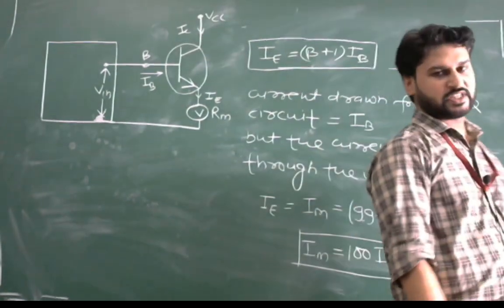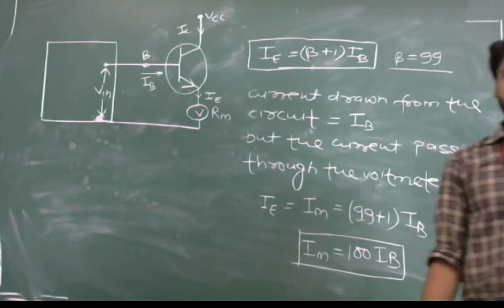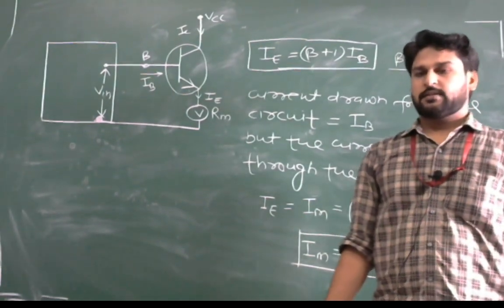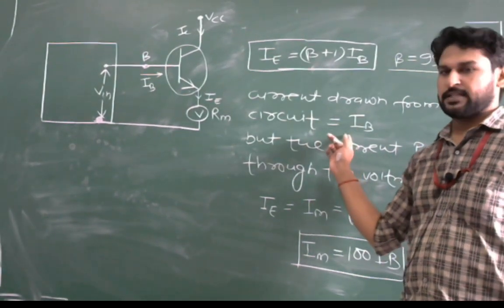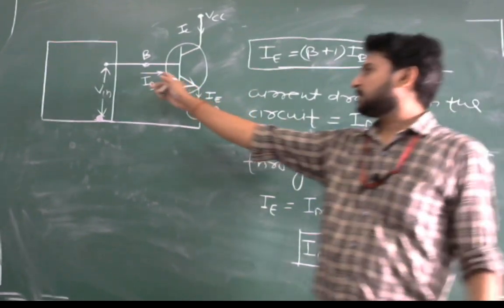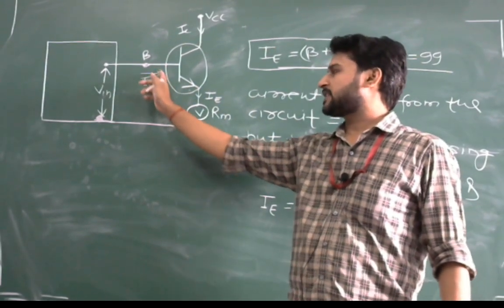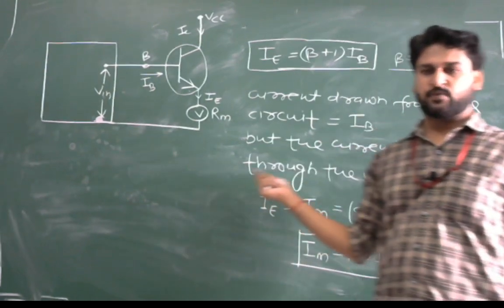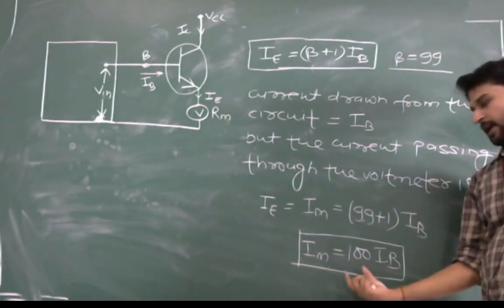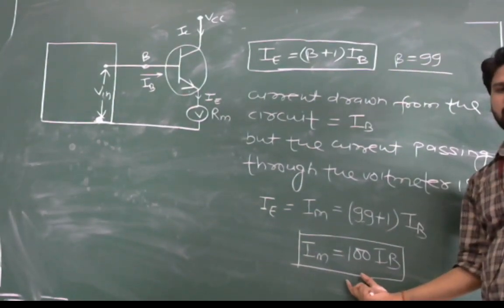The first purpose is solved, that very less current is drawn from the circuit IB, but what the instrument is getting is 100 times the current drawn from the circuit.